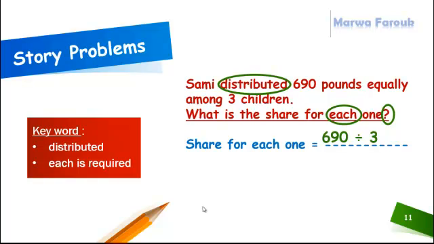Starting from the left, 6 divided by 3 equals 2, 9 divided by 3 equals 3, and 0 divided by 3 equals 0. So we got 230. 230 is the share of each one. So when we have each in the question, or each is required, when we have the word distributed, or when we have the word divided, in all these cases we are going to make a division.